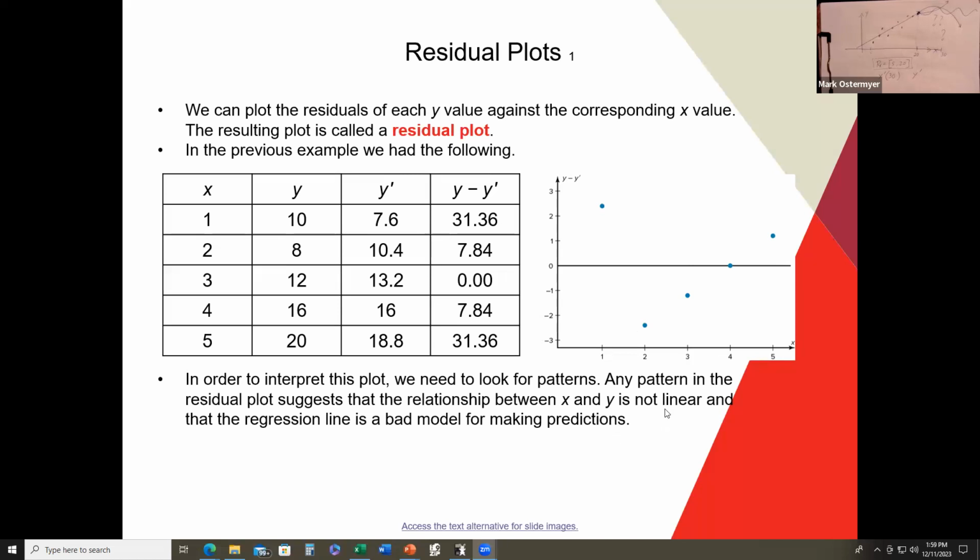And for that reason, you should probably be using some other regression to try to fit the ordered pair data. You can see with this residual plot that there appears to be a linear pattern between these plotted residuals.